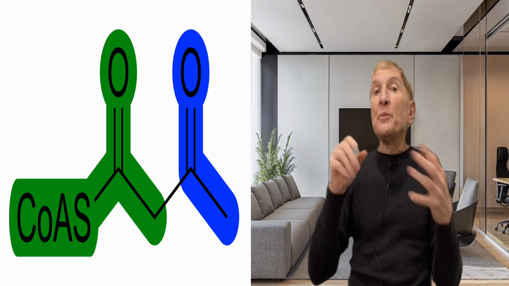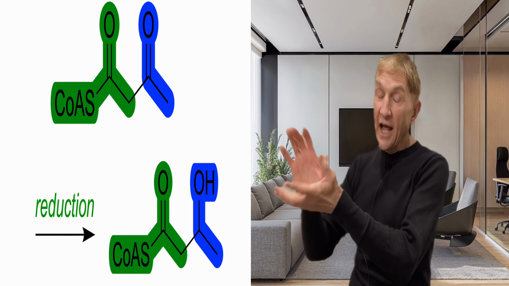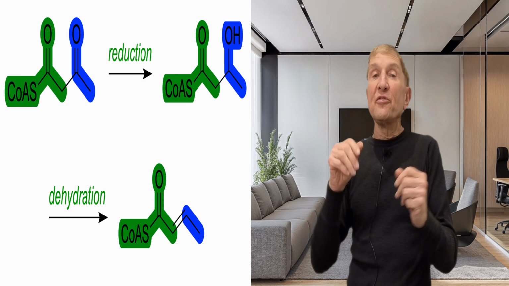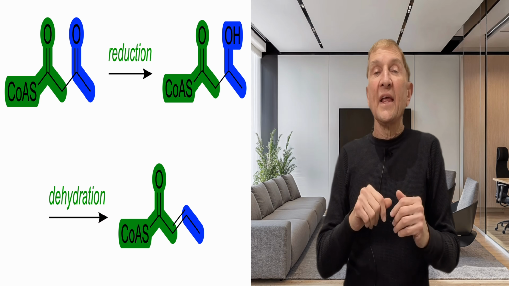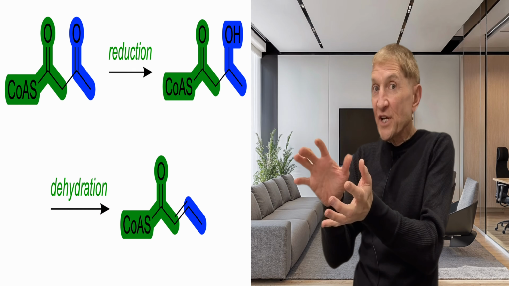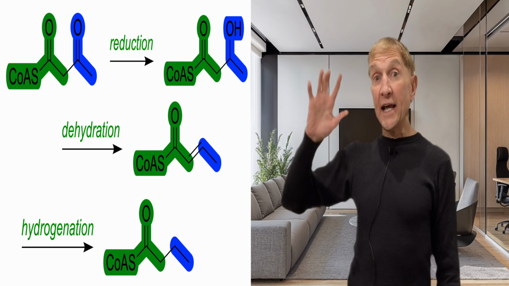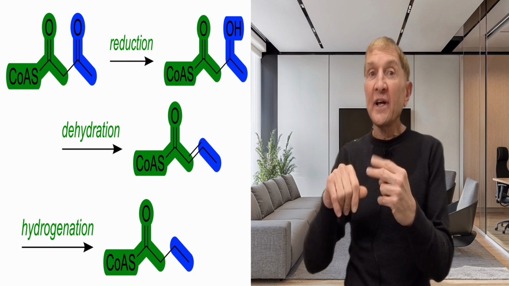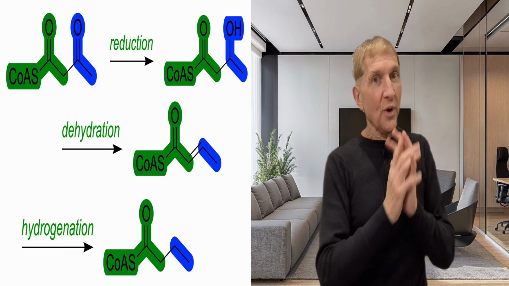The beta-carbonyl can be reduced by NADH to the corresponding alcohol. That alcohol is dehydrated to give an alpha-beta unsaturated ester of CoA, and that alpha-beta unsaturation is hydrogenated by FADH2 to give the corresponding 4-carbon fatty acid ester of acetyl-CoA.